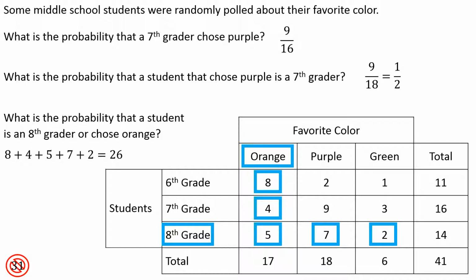And so notice I've actually got 26, not 31. Right? I don't want to count the eighth graders that selected orange twice. Those 5 students should only be counted one time each. And if I just go off the grand totals for orange and 8th grade, those students are being counted twice. Right? Each student needs to be accounted for exactly one time.